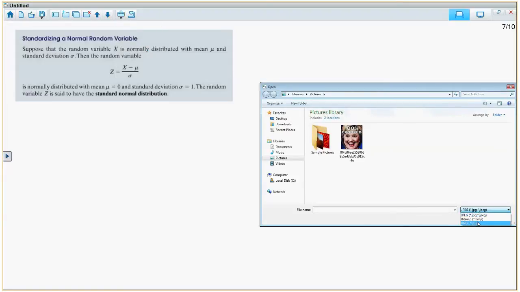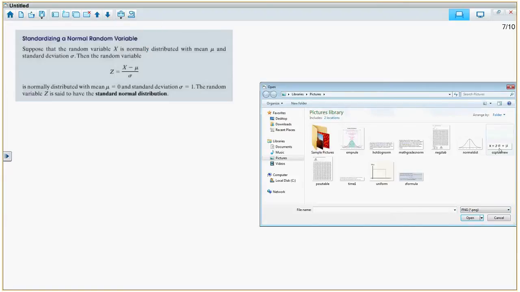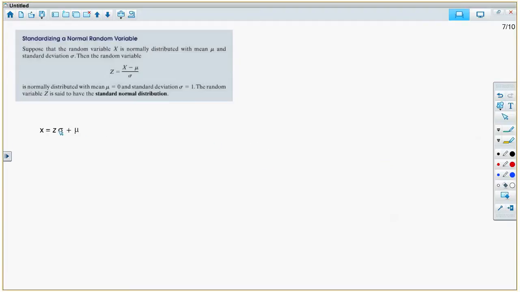And Oz plus mu. Of course, that's not written like Oz plus mu. That looks like Zo plus mu, but I change it to Oz plus mu. Those are the 2 formulas you're going to be using in this section, 7.2.